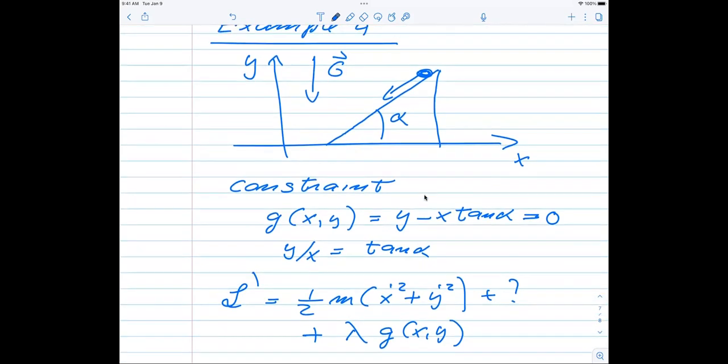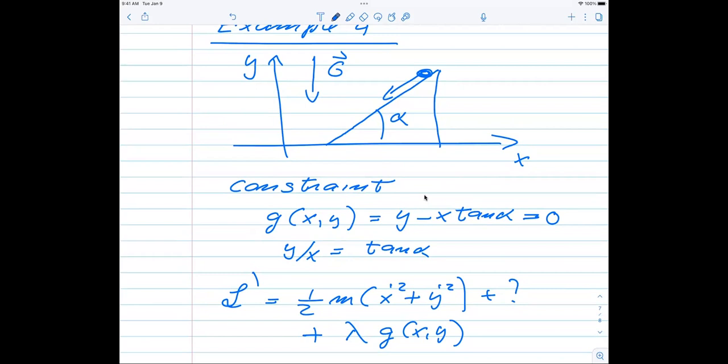So I put the y axis to point up in the positive direction. If you want to set up the potential energy, what should the potential energy be again here? It shouldn't be that different from the pendulum, right? mg times y, right? So that should be pretty obvious.